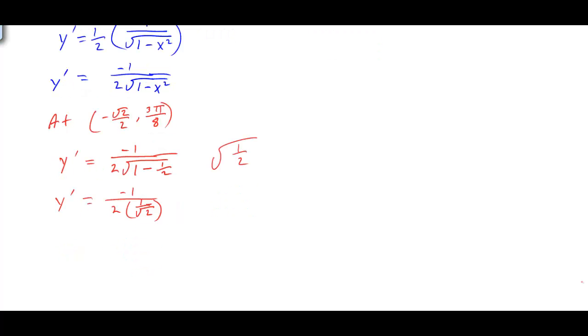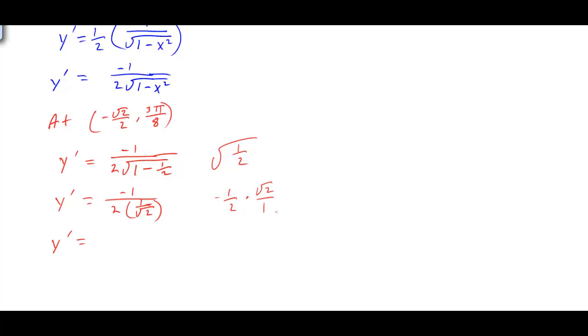And if we divide this, then here what happens? Well, we can multiply by the reciprocal. So if we multiply by the reciprocal, that means we're going to take this negative 1/2 and multiply by the square root of 2 over 1.